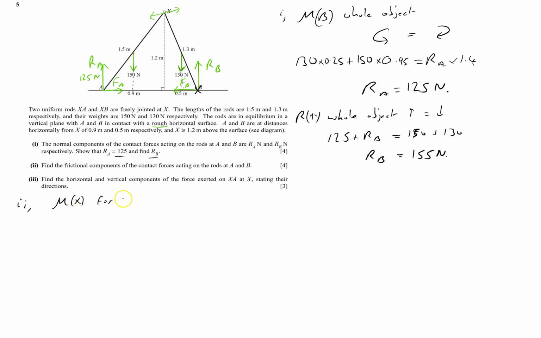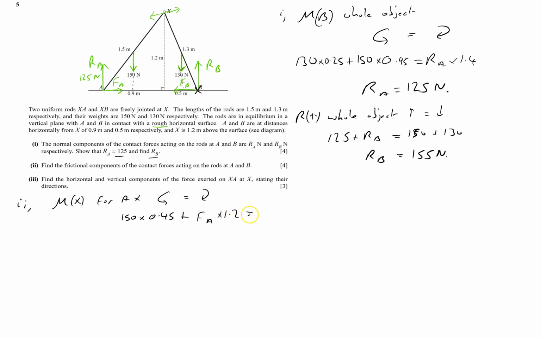for AX. And what have we got? So I'm going to have anti-clockwise equals clockwise. What's anti-clockwise about that? That'll be the 150. So it's 150 times the distance there, which is half of 0.9, so it's 0.45. Plus, what else? We've got the FA. FA times how far is FA from this? Well, it's the line of action of this, which goes all the way along here, and it's 1.2 distance from there.